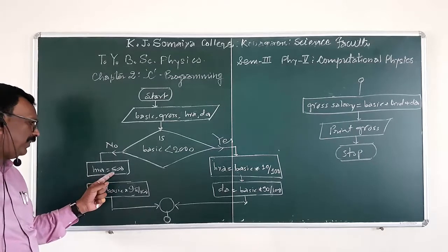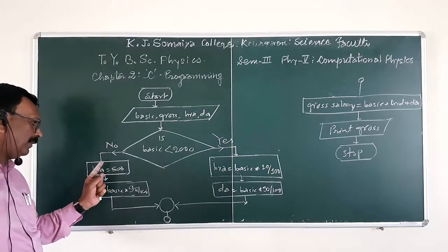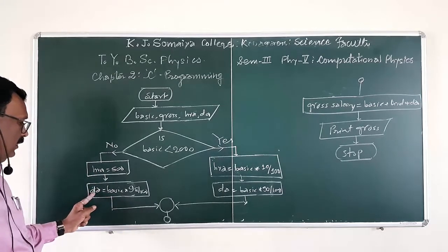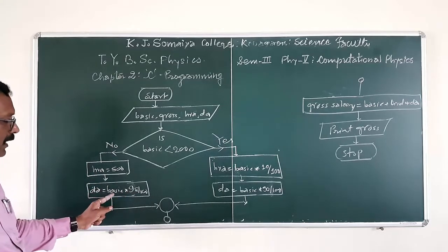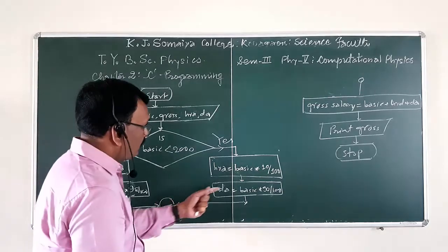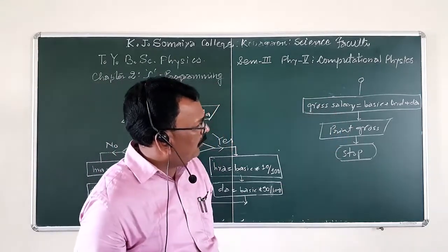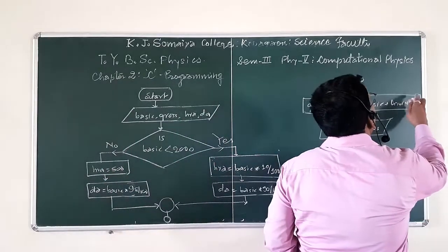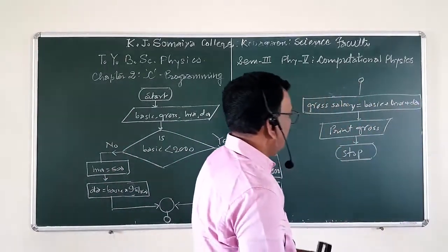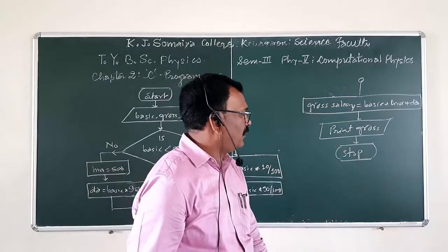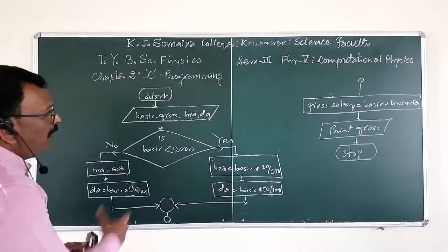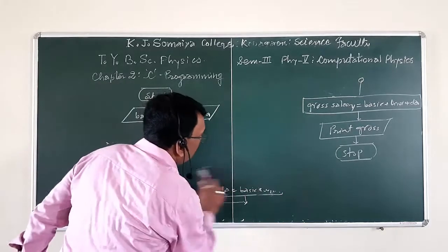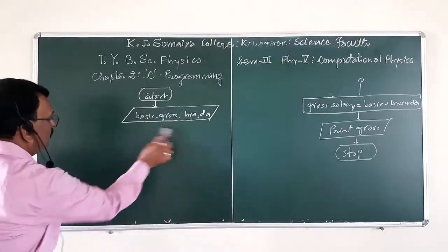Here, for basic 2000, HRA equal to 500 is added in basic, and DA is calculated as 98% of basic, and then gross salary is equal to basic plus HRA plus DA, and print the gross salary and stop. Very simple execution. Then see here how the program will be written for this.